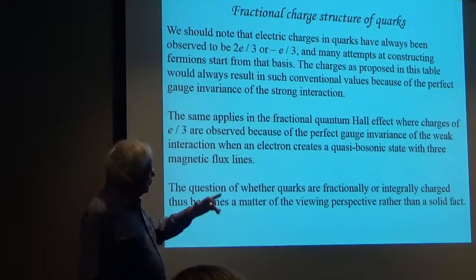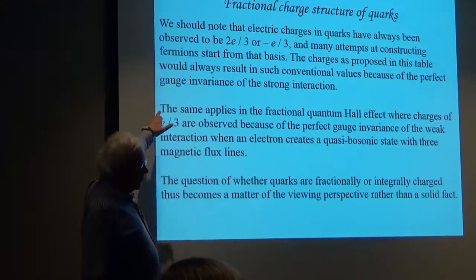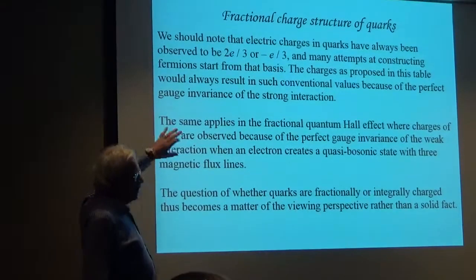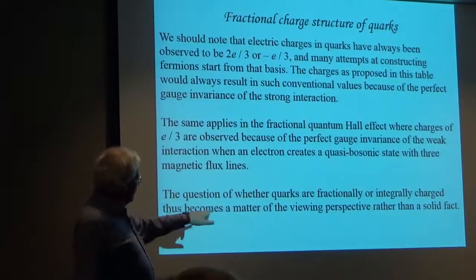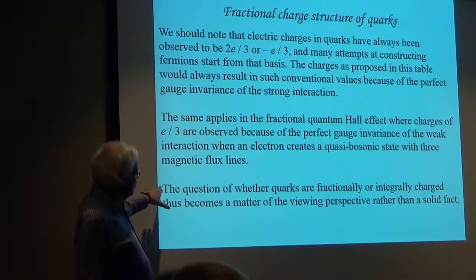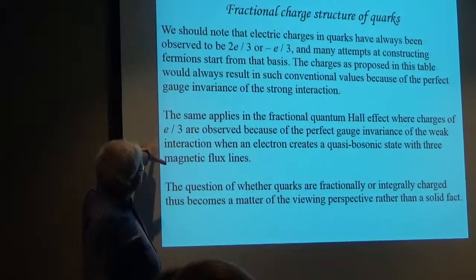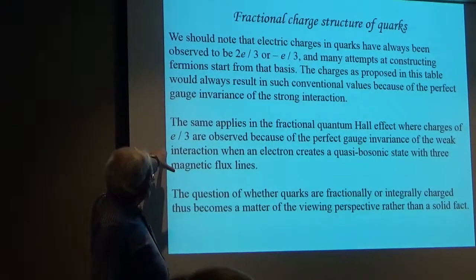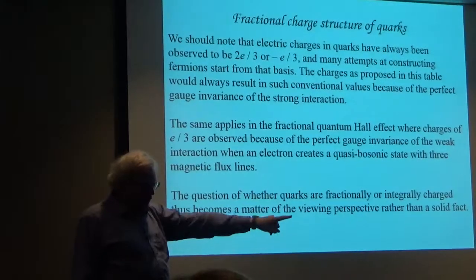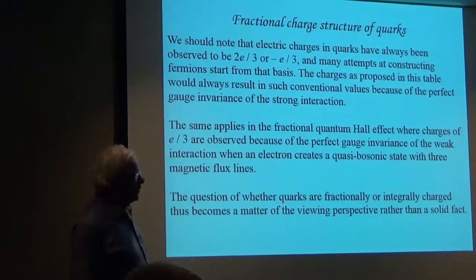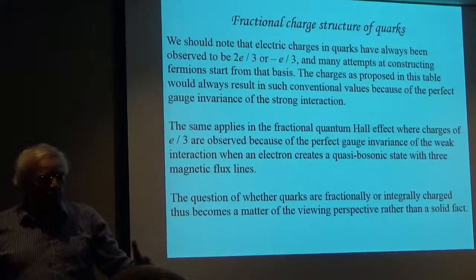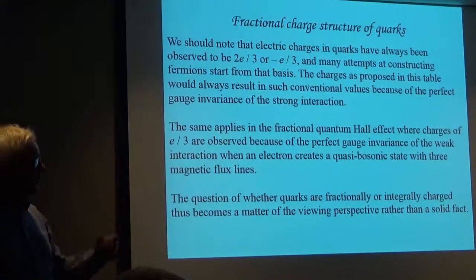What I'm saying is that we do get fractional charges, but only because of the perfect gauge invariance in the strong interaction. So exactly the same as the quantum Hall effect, where you see charges of 1/3 of the electric charge because one electron is simultaneously on 3 flux lines. So you get 1/3 of a charge in each, even though we know there's no such thing as 1/3 of a charge.